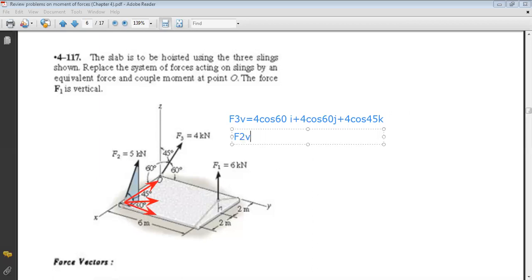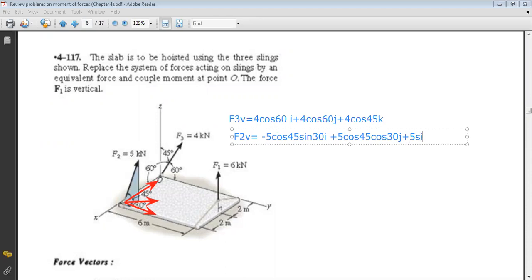So I can write that F2 vector is equal to minus 5 cosine 45 sine 30 along I, while along y it's positive, so plus 5 cosine 45 cosine 30 along J, and along K it's plus 5 sine 45.